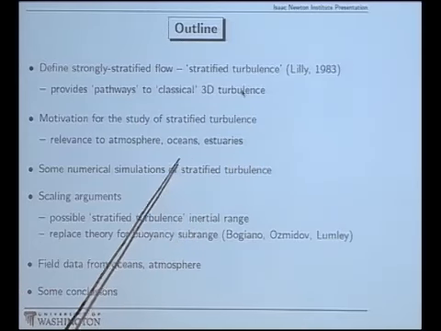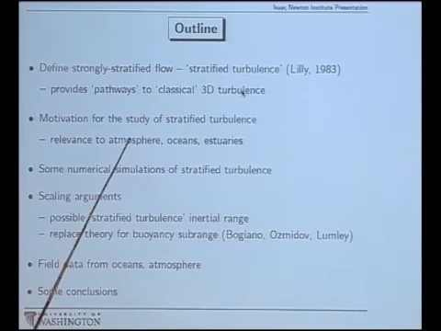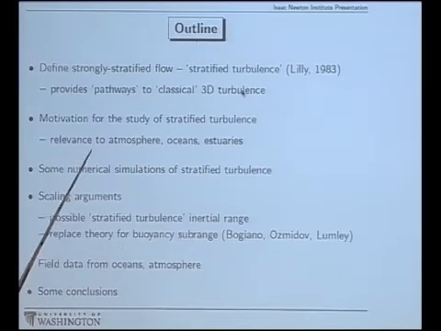And I'm going to call that stratified turbulence. That's what Eric was talking about a week or two ago. It's an idea, I think first introduced by Doug Lilly, and it provides a pathway to 3D turbulence. It may apply in the atmosphere, oceans, estuaries, any place where it's strongly stratified, and I'll try to define what I mean by that soon.